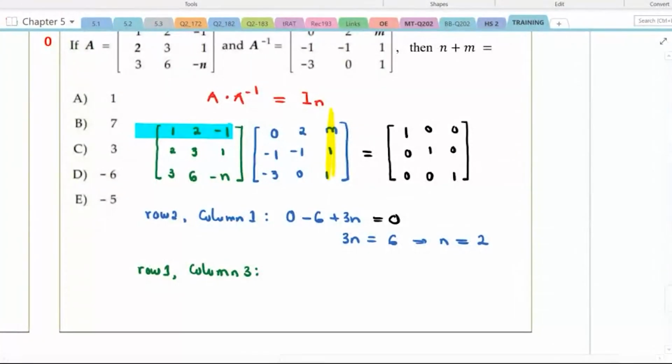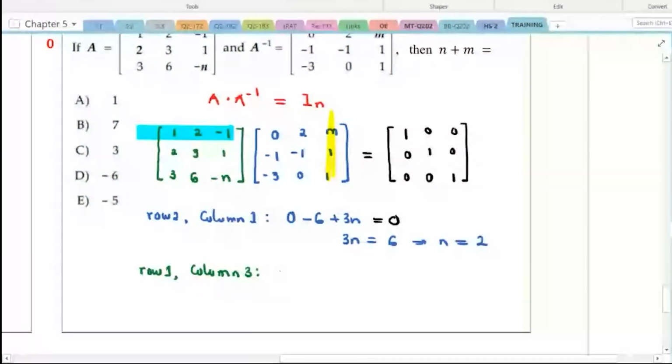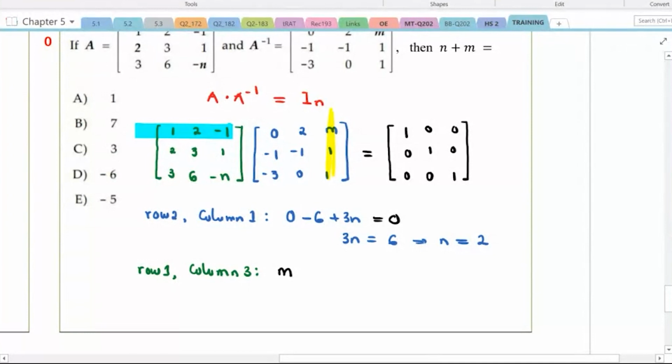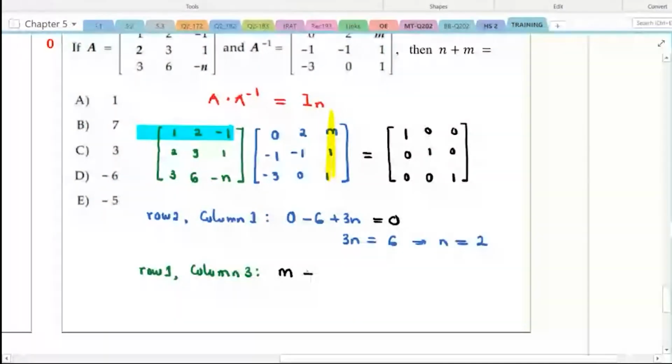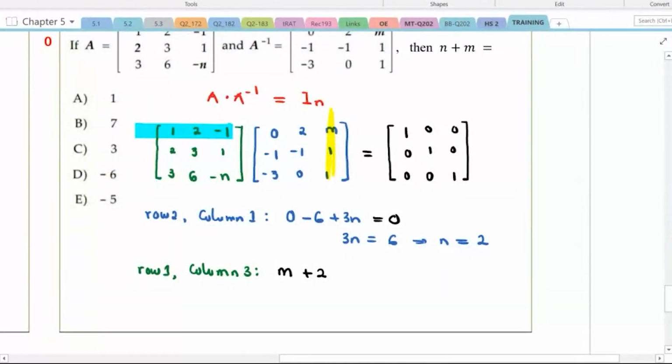So, gentlemen, what do we have? Row number 1. Now we say 1 multiplied by m, we are going to get m. 2 multiplied by 1, that is going to be plus 2. And here we say minus 1 multiplied with 1, and that is minus 1. This will be equal to what? Row number 1, column number 3.